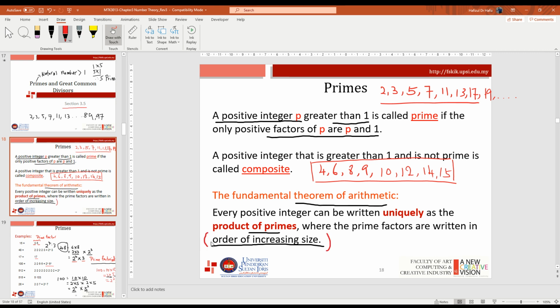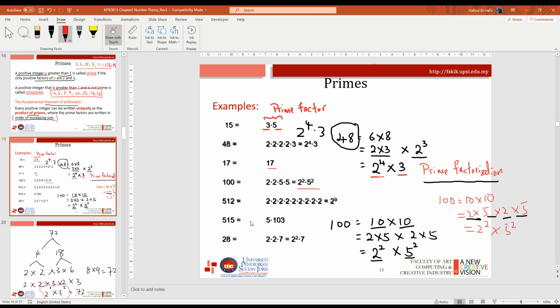For example, we have 15. 15 is the product of 3 multiplied by 5. And then we have 48.